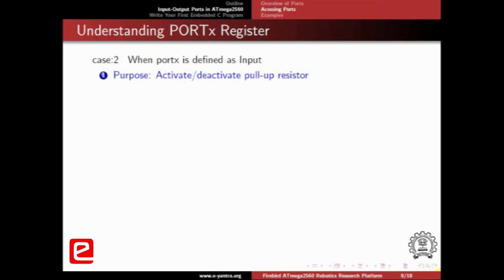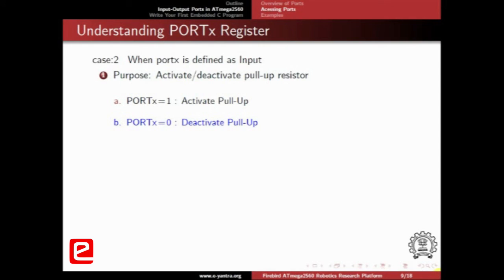Pull-up resistors are used to assure that the input to the pin is maintained at a desired logic level, even if no active devices are connected to it. This is done to avoid any external noise or interference to our reading, and hence to minimize the error. So to activate the pull-up resistor, we assign the value as PORTX is equals to 1, and to deactivate it, we assign the value as PORTX is equals to 0.